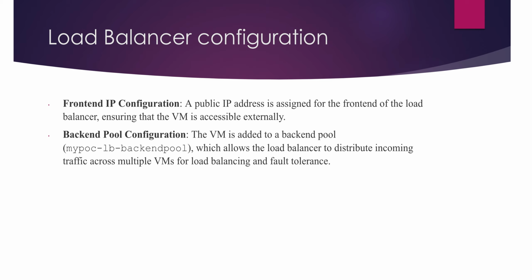A public IP address is assigned for the front end of the load balancer, ensuring that the VM is accessible externally. In the backend, we added a backend pool, which allows the load balancer to distribute incoming traffic across multiple VMs.